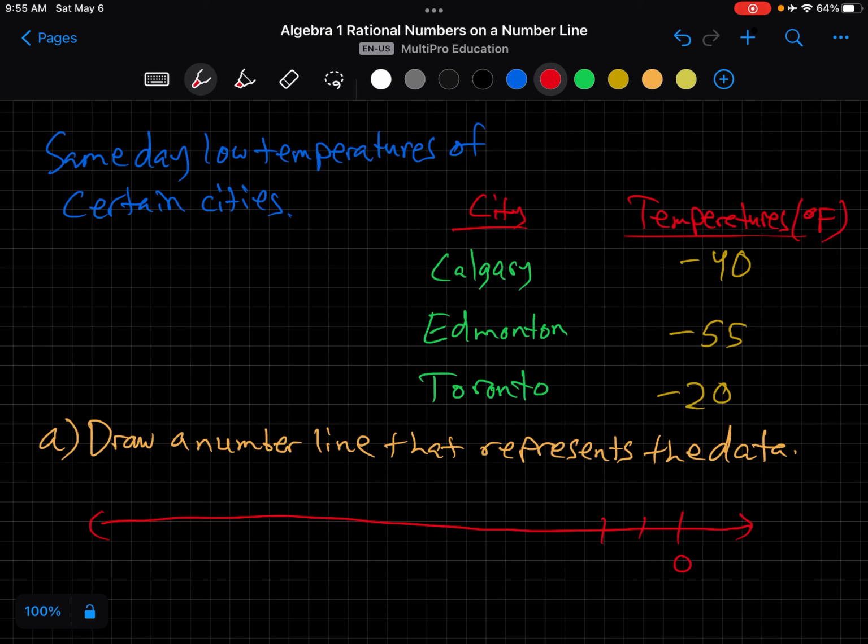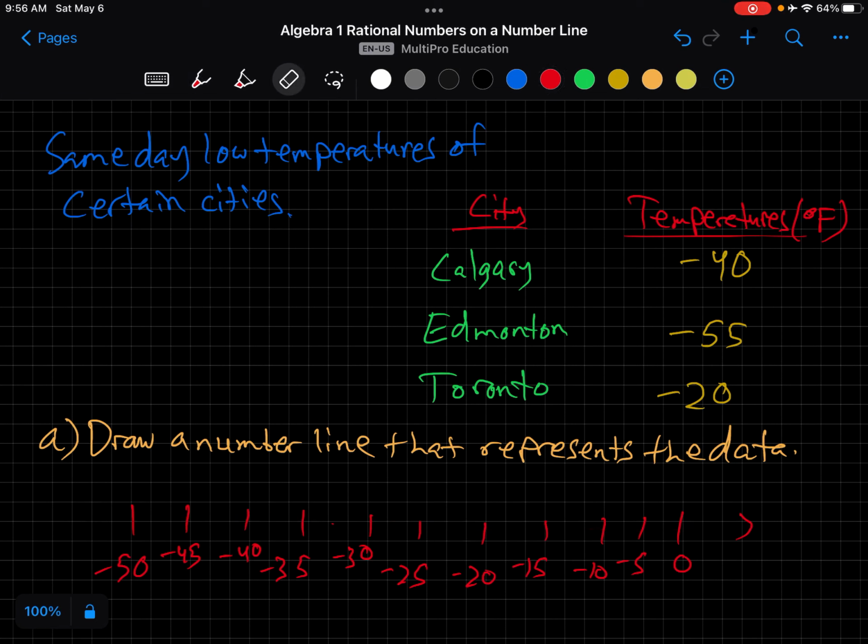All right. So I'm trying to draw these about equal here. Oh, 50. We need a little bit longer, right? Oh, we lost our line. We'll draw that back.